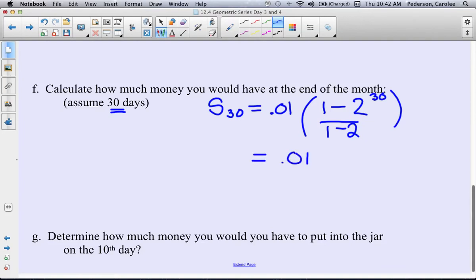So 1 minus 2 raised to the 30th, and then divided by 1 minus 2. And now multiply that by 0.01, and the value is $10,737,418.23.